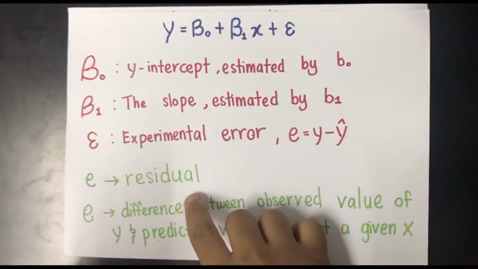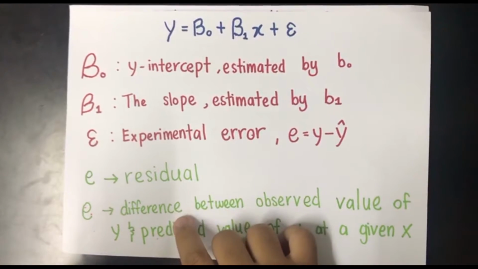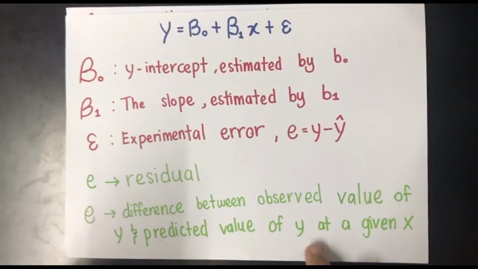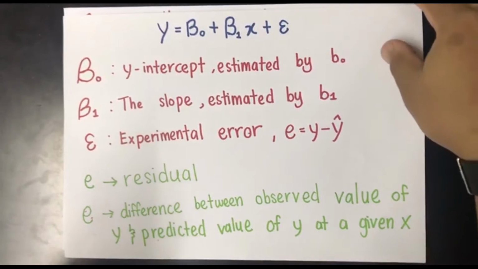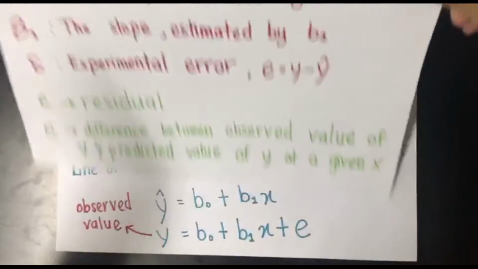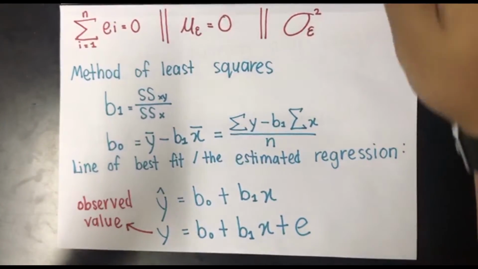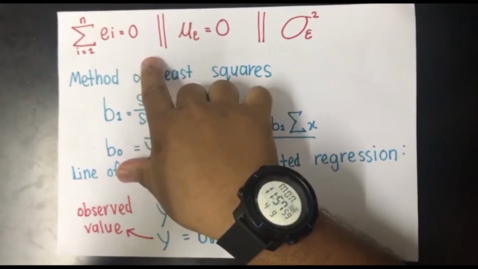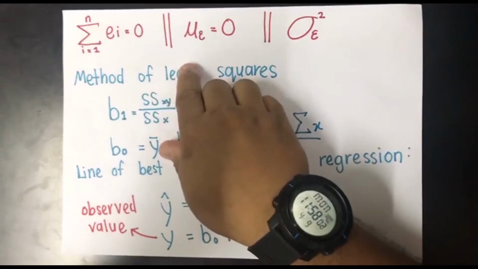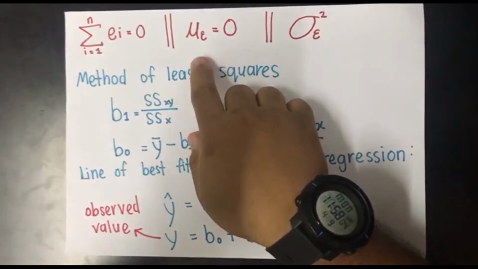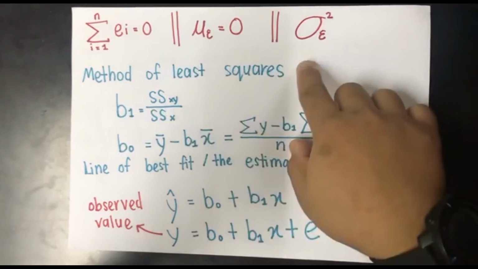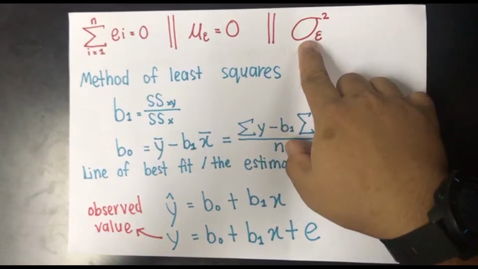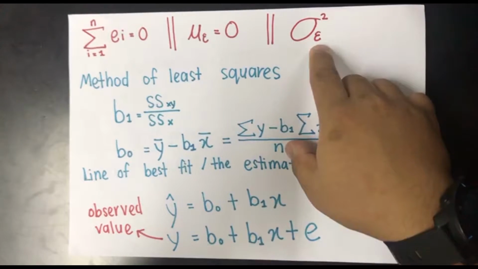E is the residual, or it is the difference between observed value of y and predicted value of y at a given x. The sum of residual is exactly 0, and the mean value of the experimental error is 0, and the variance of experimental error is denoted by this.